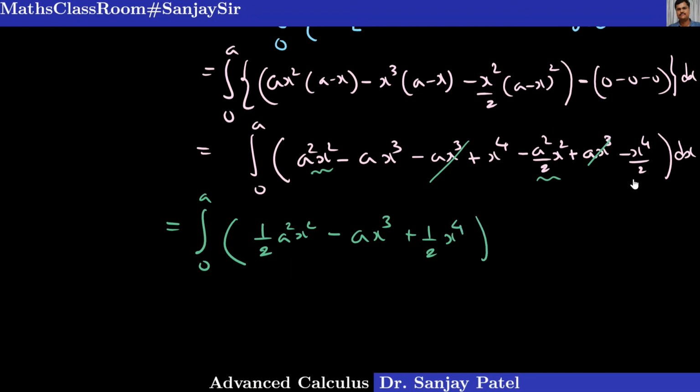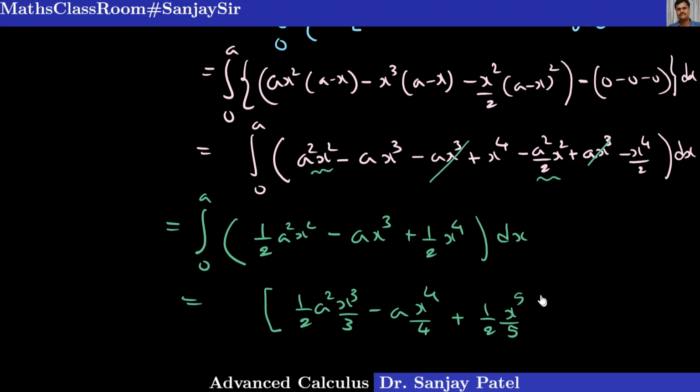And integrating now, it's simple. So 1 by 2 a square into x cube by 3 minus a into x raised to 4 by 4 plus 1 by 2 into x raised to 5 by 5, and then 0 to a.